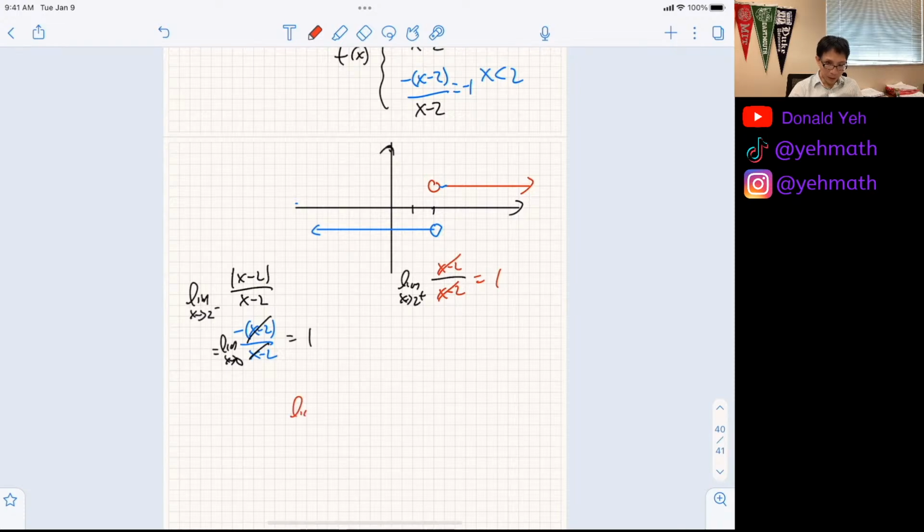Therefore, the limit as x approaches 2 of absolute value x minus 2 over x minus 2 does not exist. Sorry, this one's a -1 on the left.